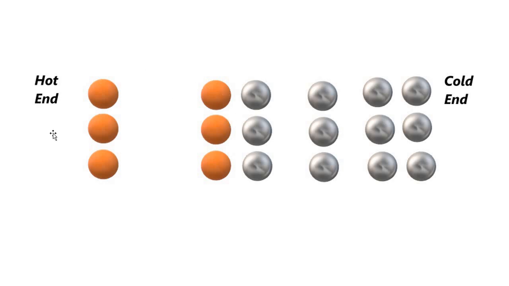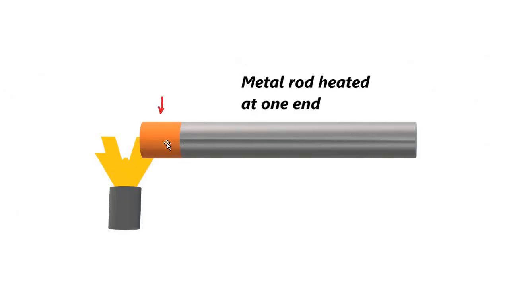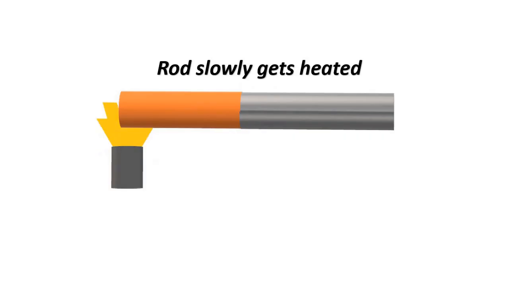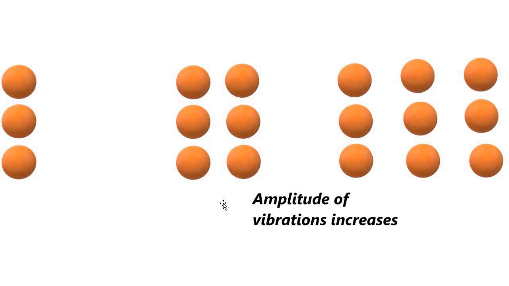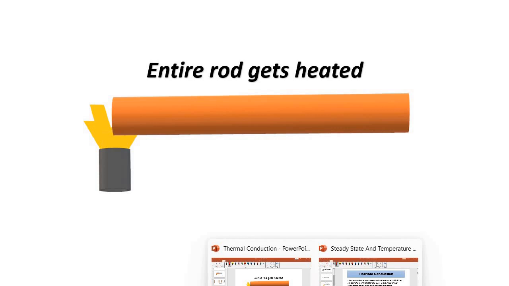These heated molecules collide with the neighboring molecules, transfer their energy to them, and as a result they also start vibrating with increased kinetic energy, and as a result slowly the metal rod, which is heated at one end, the heat progresses throughout the rod. A point is reached when the amplitude of the molecules throughout the entire rod starts increasing and the entire rod gets heated. This is the basic concept.